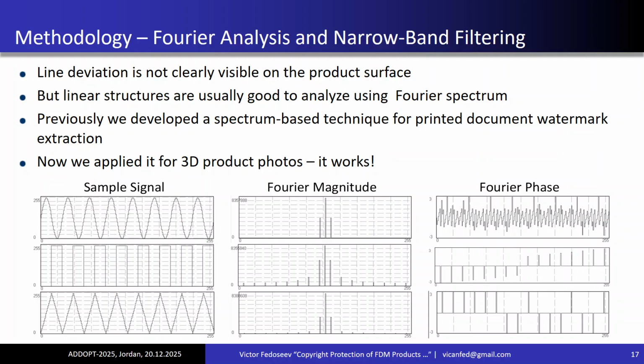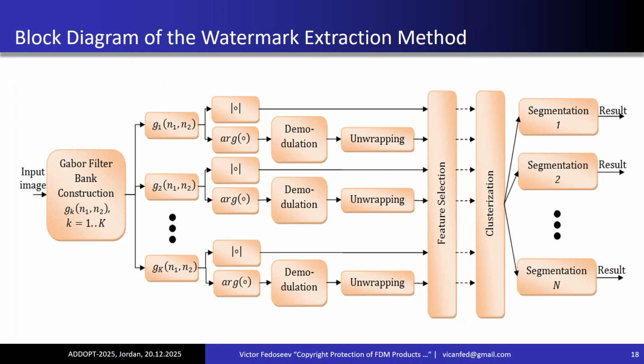And now we applied it to 3D product photos, and it really works. This is the block diagram of our watermark extraction method. At the first stage, you can see Gabor filter bank construction based on Fourier spectrum analysis.